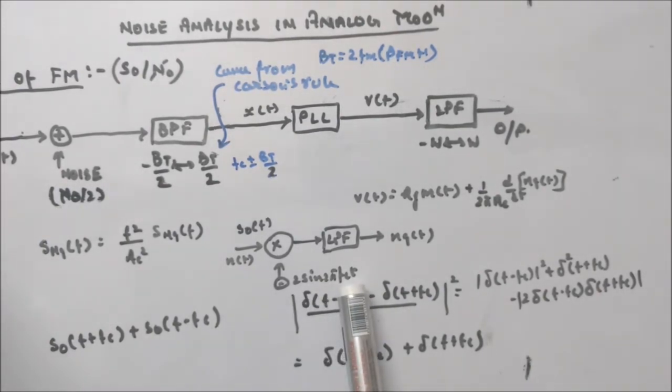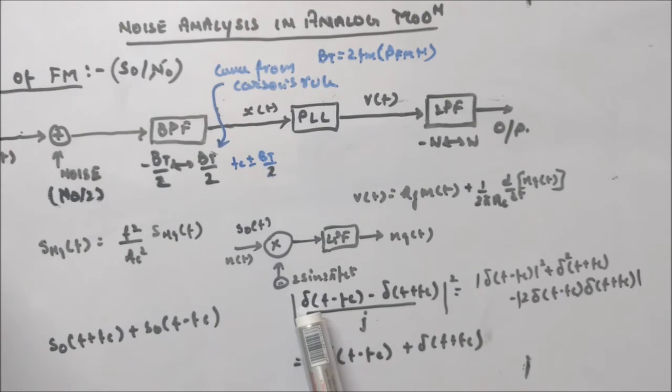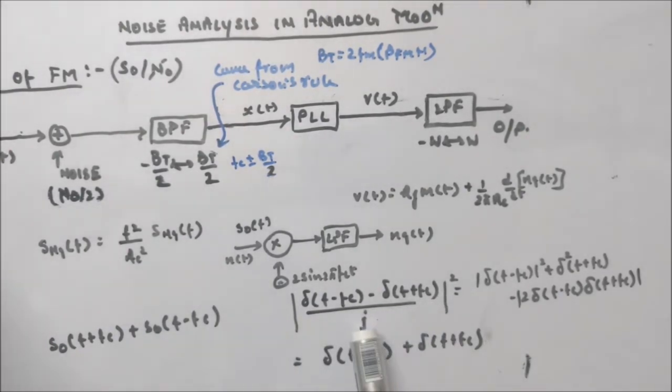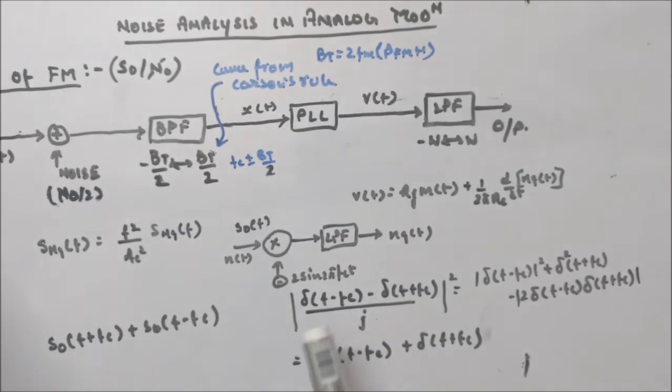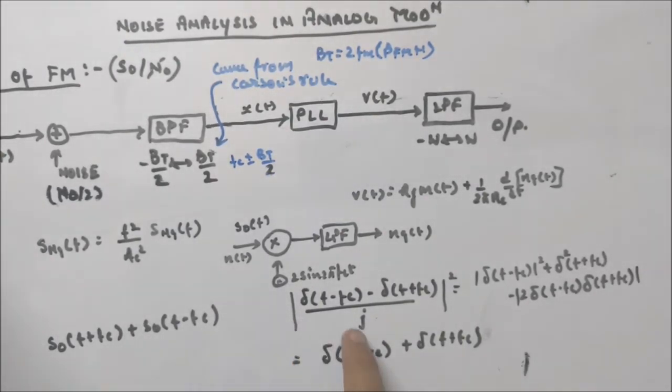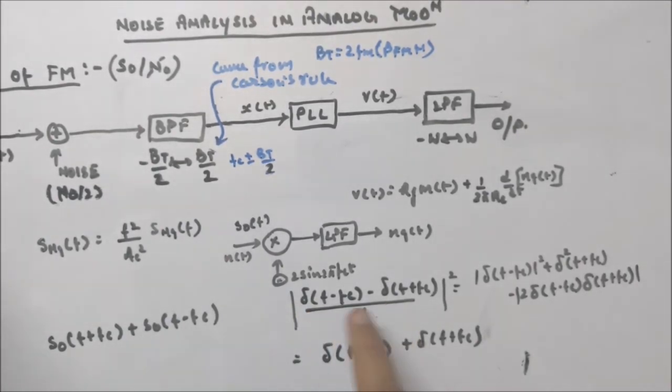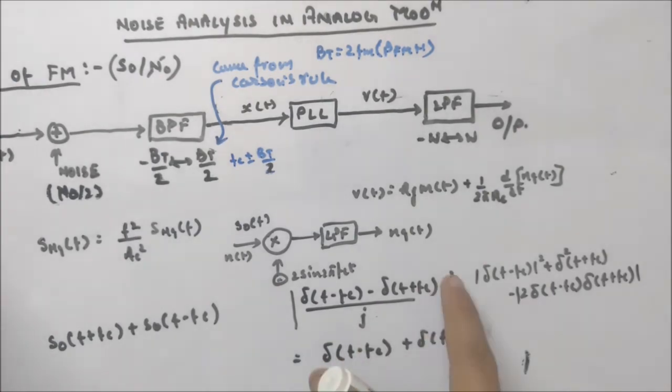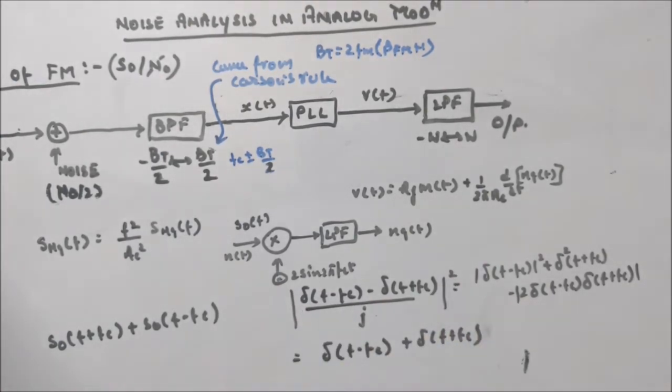That's what I did. I represented sin 2 pi fc t in the Fourier domain, that is delta(f minus fc) minus delta(f plus fc) divided by 2j. The 2 will get cancelled with the 2 here, and this delta is the delta function, the impulse function. I've taken the mod and square, so that the power spectral density will come here.